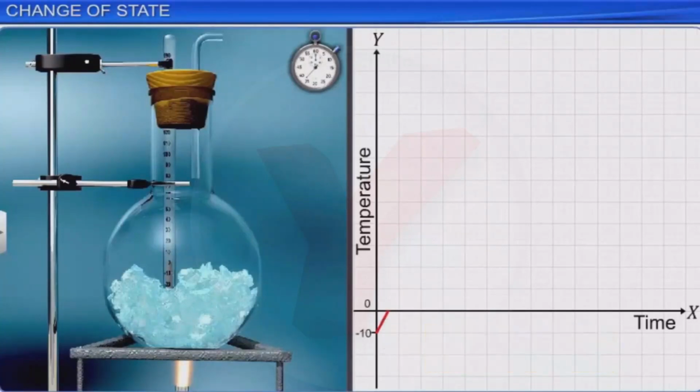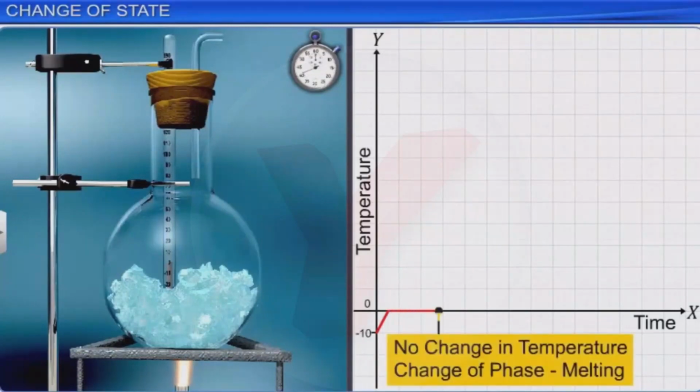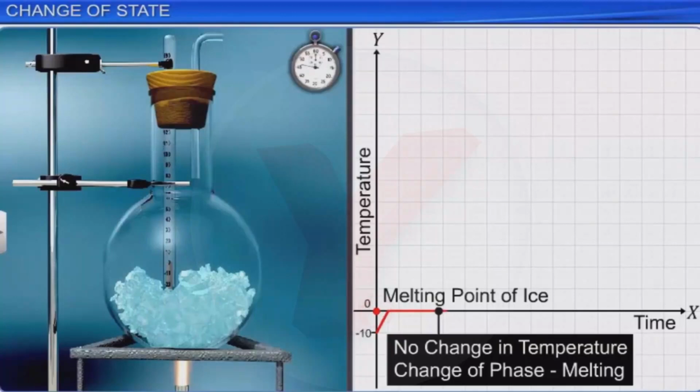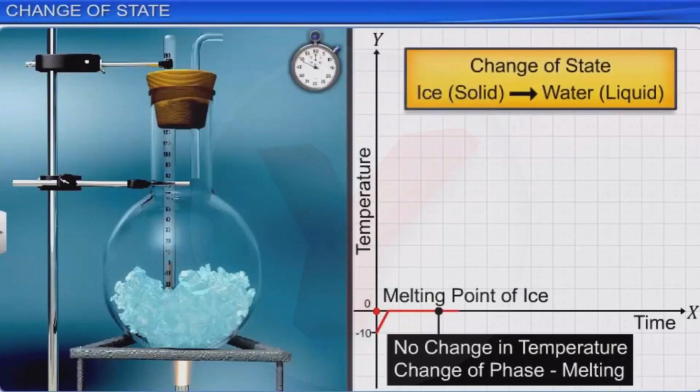If we continue heating the flask, strangely, we don't observe any rise in the temperature of the ice cubes. But we can observe some of the ice cubes melting. This indicates the change of state of ice to water.